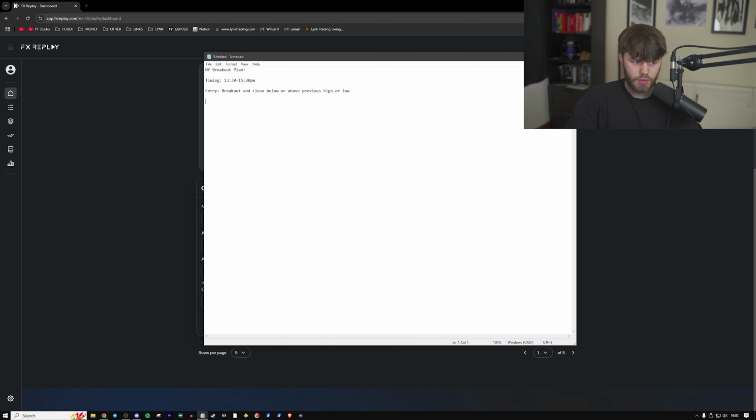So we're going to look for the previous high or low to be within the last hour. That is a good way to do that, because otherwise we could be looking at a low from quite a long time ago.